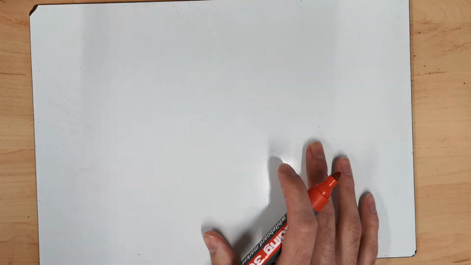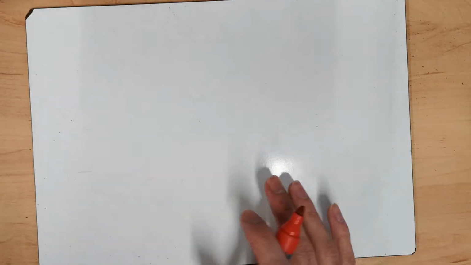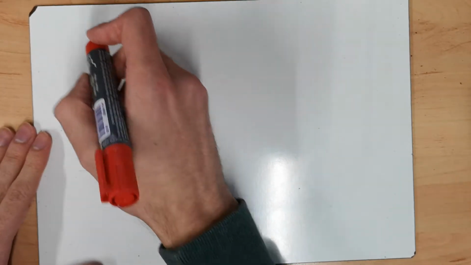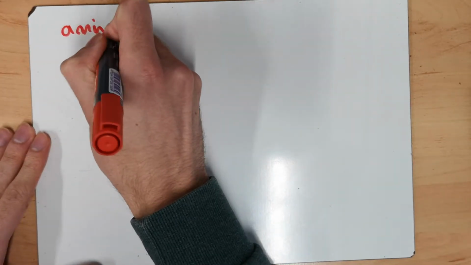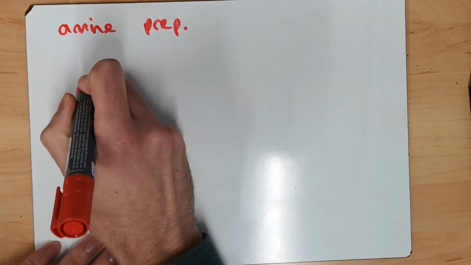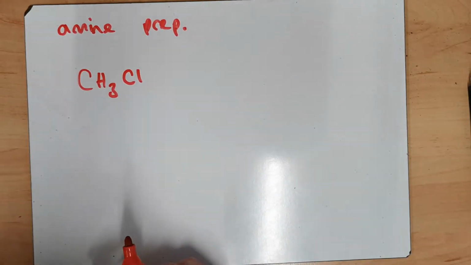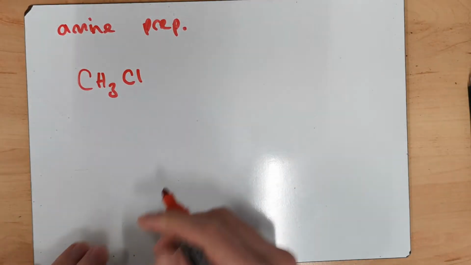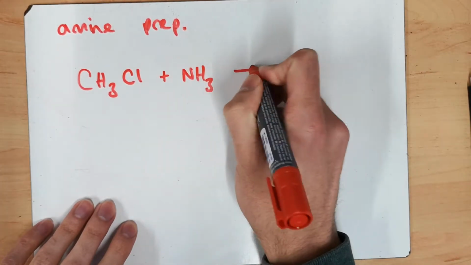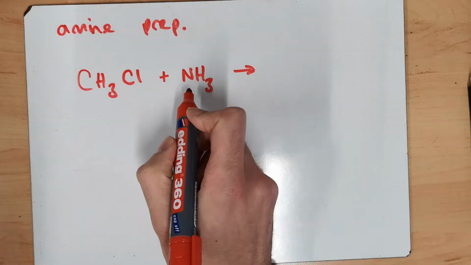So how do we get them? The first step is a substitution reaction. So if we were trying to make an amine prep, we would have, first of all, our haloalkane. We always tend to react things with haloalkanes. And I'm going to add ammonia to that. And what happens is it's a substitution reaction.